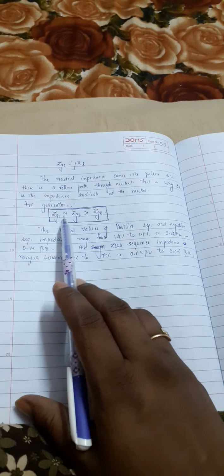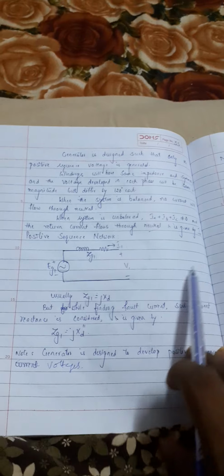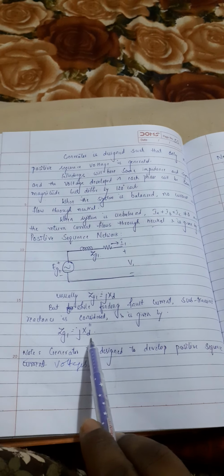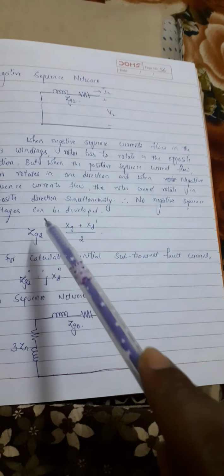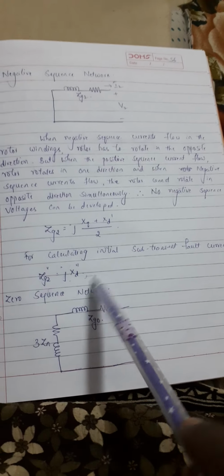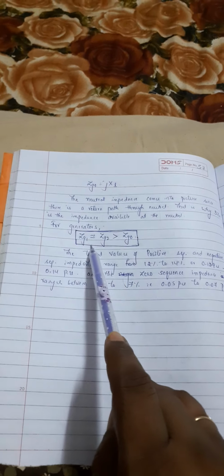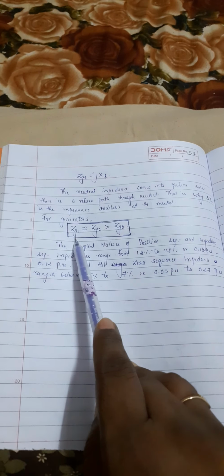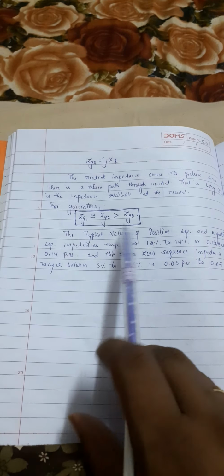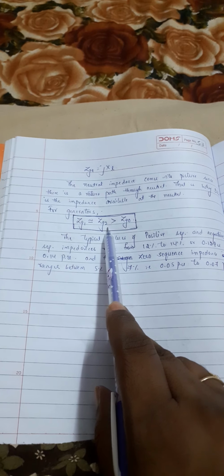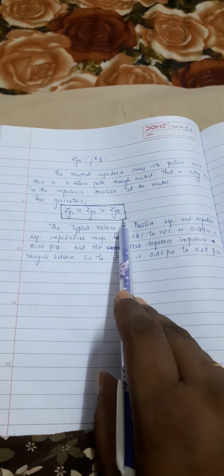Now for generators, if you observe, ZG1 is j times Xd dash, and ZG2 is j times Xd double dash, which are approximately equal. So that's why ZG1 equals ZG2, and ZG1 and ZG2 are greater than ZG0.